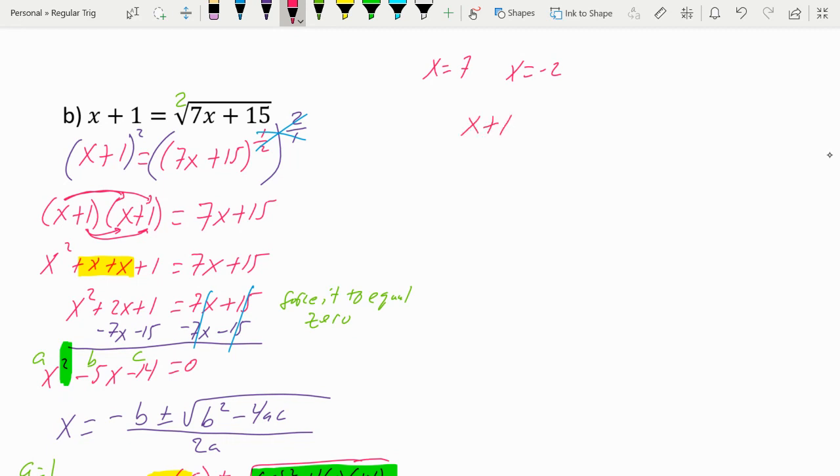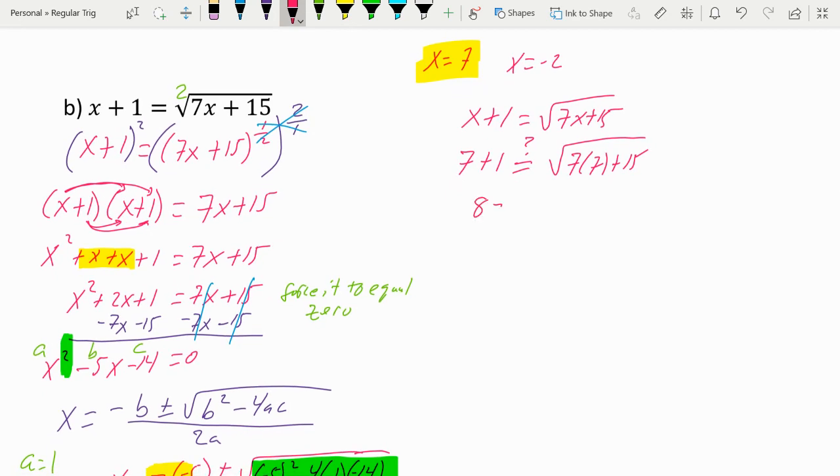So x plus 1 is equal to the square root of 7x plus 15. I'm going to try that 7 first. 7 plus 1, I want to know, does it equal the square root of 7 times 7 plus 15? Again, I'm just checking that one first. 7 plus 1 gives me 8.